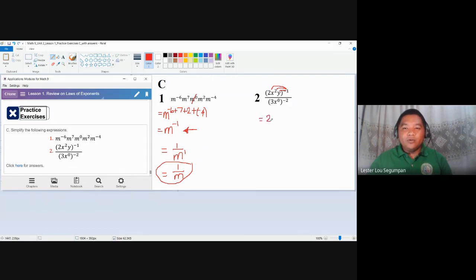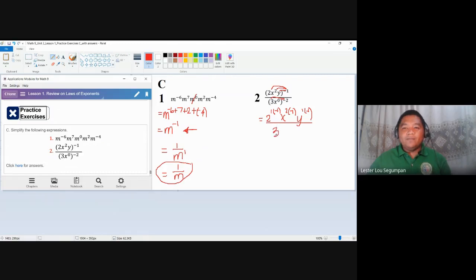So you have 2 to the power of 1 times negative 1, x to the power of 2 times negative 1, and then y to the power of 1 times negative 1. That is for your numerator. For the denominator, do the same thing. Share it to all terms, which also includes the numerical coefficient.